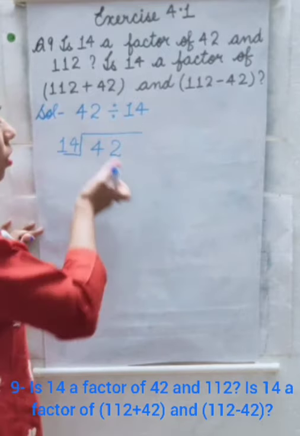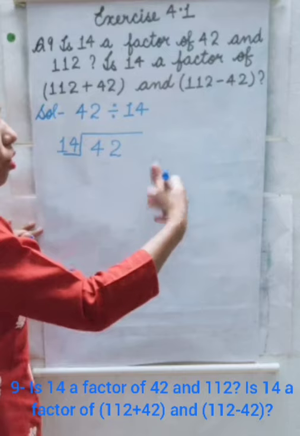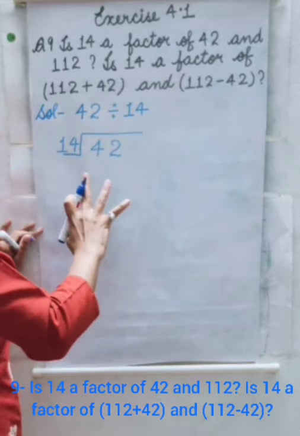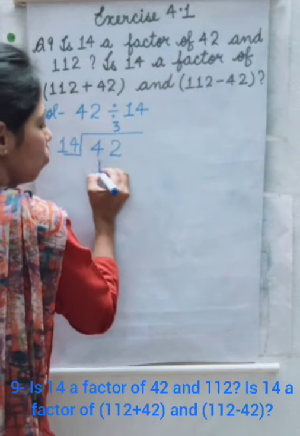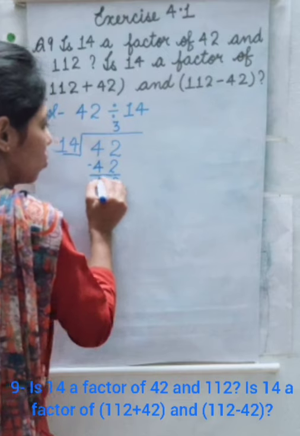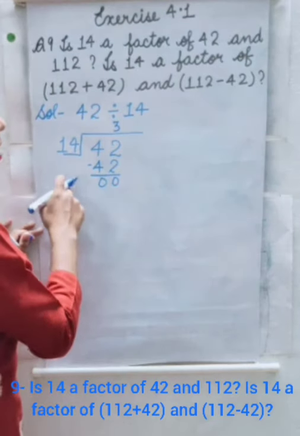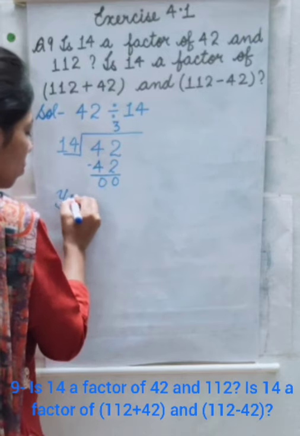If you have not learned the table of 14, you can make a rough column and find out the table. So 14 twos are 28 and 14 threes are 42. So this 42 is completely divisible by 14. So we can say yes, 14 is a factor of 42.